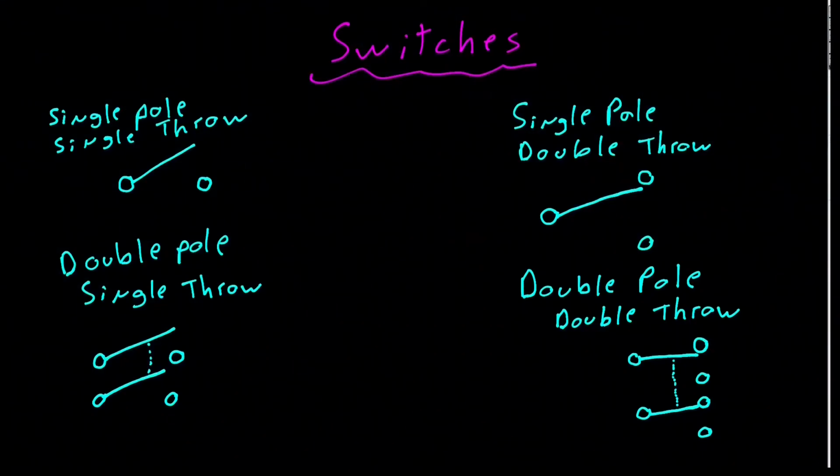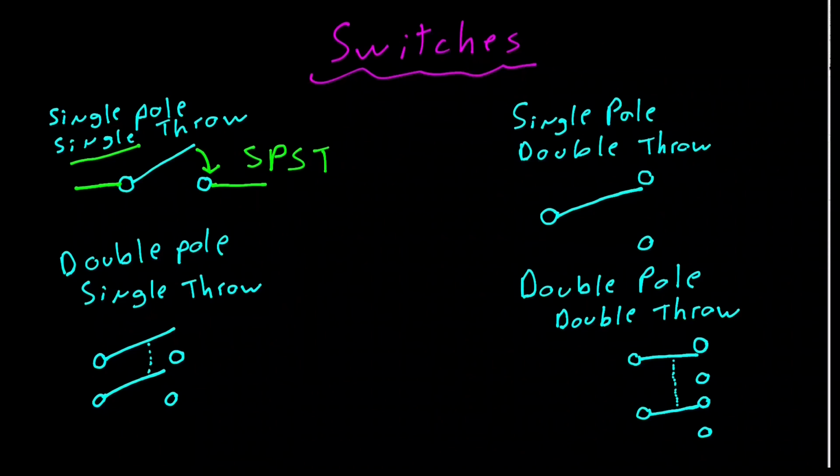So let's review some schematic diagrams of switches. The single pole, single throw is going to be the simplest switch you can get. So the electricity comes in here and goes out here only if the switch is closed. And this is known again as the SPST, or single pole, single throw.